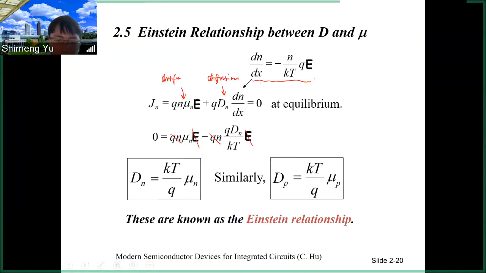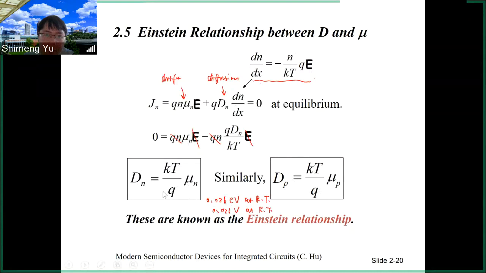So thermal energy, as we discussed before, is 0.026 electron volts at room temperature, and then you divide by q, that means 0.026 volts at room temperature. So this is the thermal voltage. And similarly, you can derive this Dp with mu p, the same derivation.